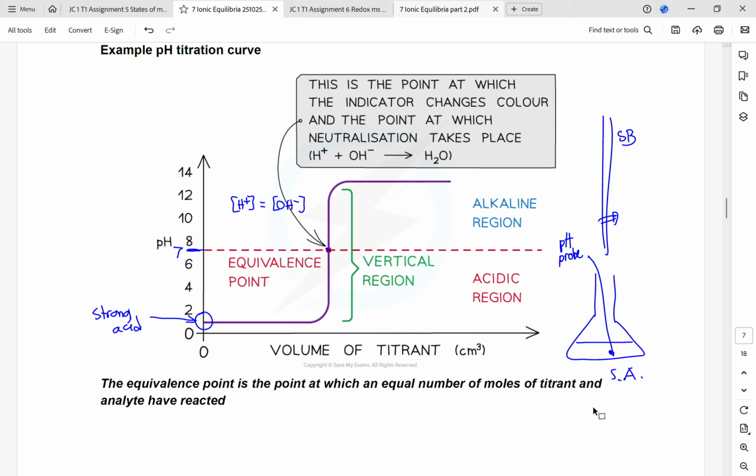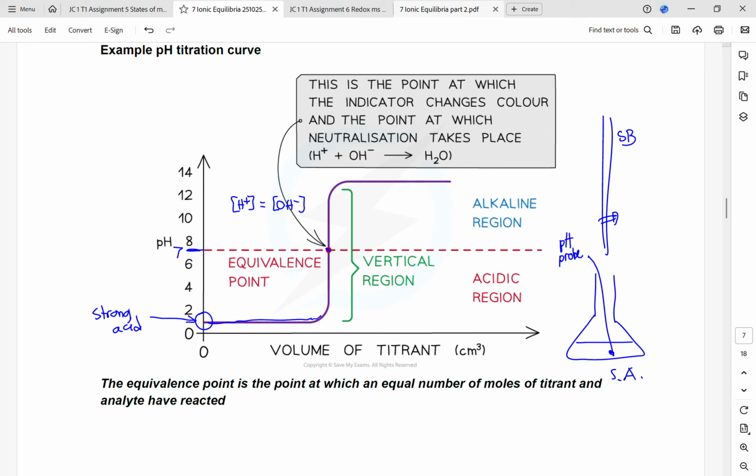And then as you add your strong base, the pH changes by a very, very little bit. It changes, but very little. So this should be a little bit inclined upwards like that, but not much.